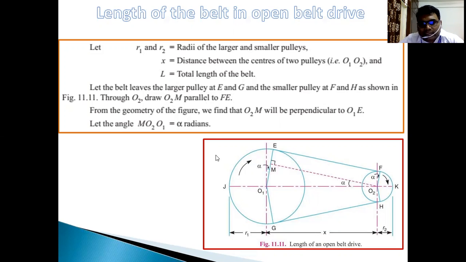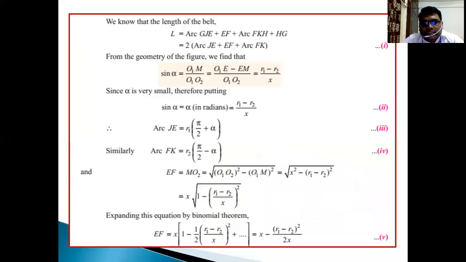So let's move ahead, and you remember this diagram. This is very important. We will go one by one, and at the last we will add all the values, then we will get the length of the belt. So let's see the length of the belt L. We have assumed that L is the length of the belt.